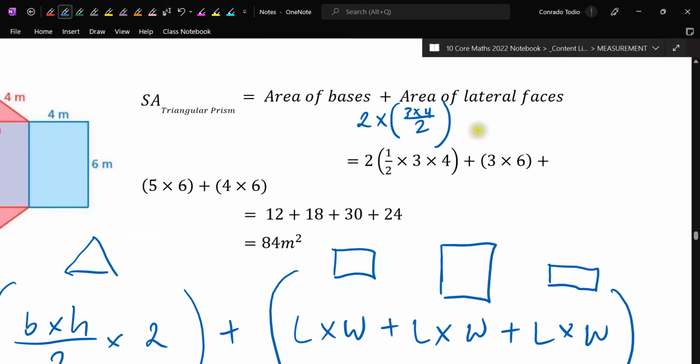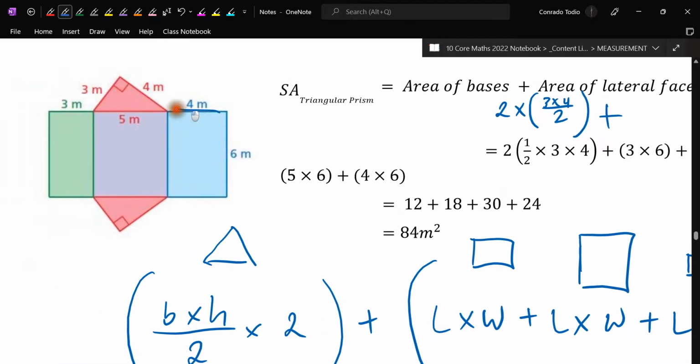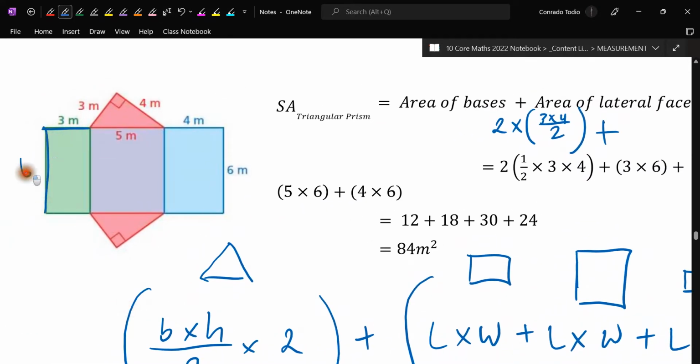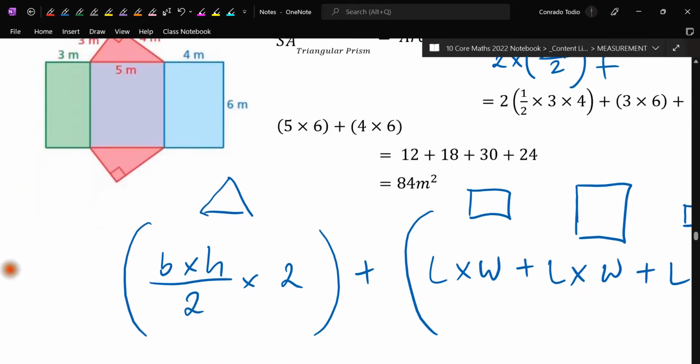And then they've added these rectangles. The first one is a 3 by 6, so you can see the 3 by the 6 there. The second one is a 5 by 6, so that's this one. And the third one is the 4 by 6, which is this one. And that's how we got that.